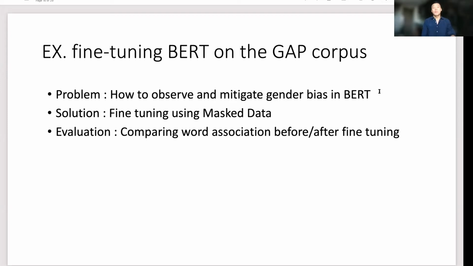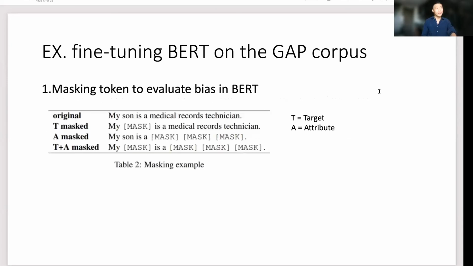So usually BERT is trained on a large amount of data. Since it's trained on the data, we can also debias it by changing the data as well. To do that, you could also fine-tune using math data. How do they do that for this?